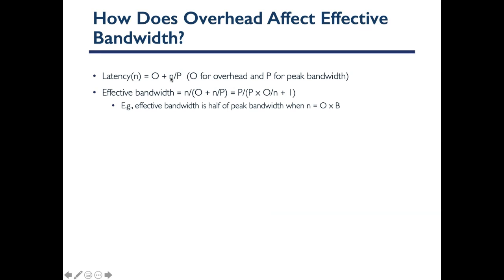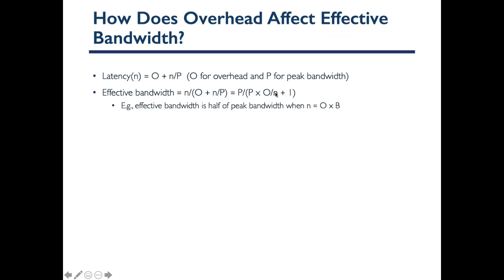And if you put everything into a formula, you're sending n bits divided by latency. I'm just refactoring everything, and this is what I get. So effective bandwidth is peak bandwidth divided by (peak bandwidth times overhead divided by n, plus 1).